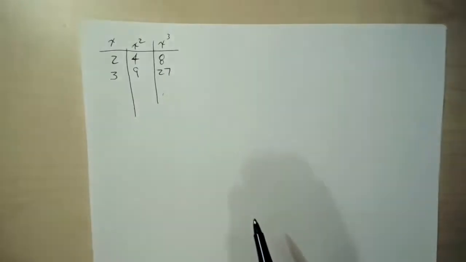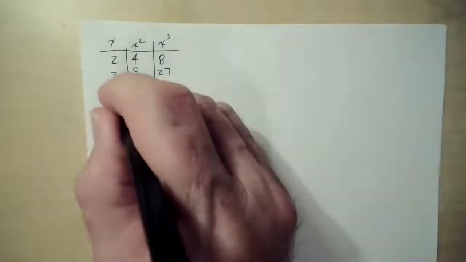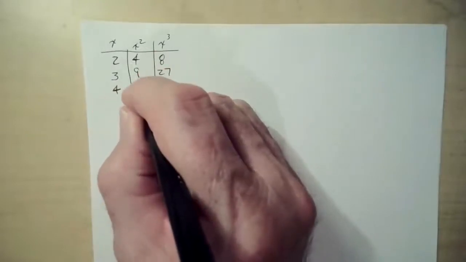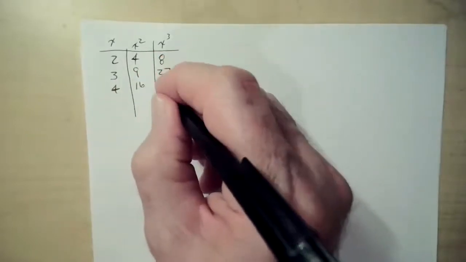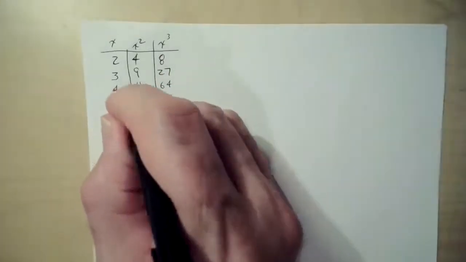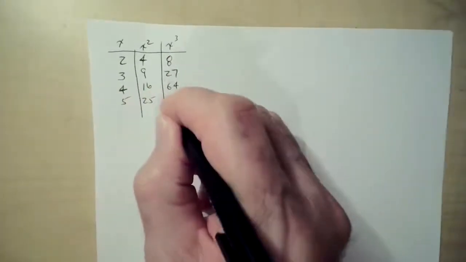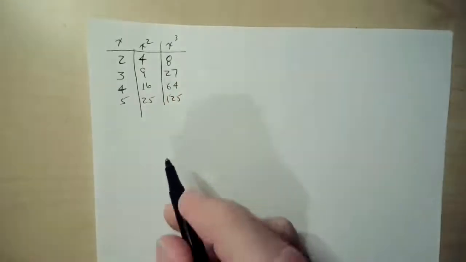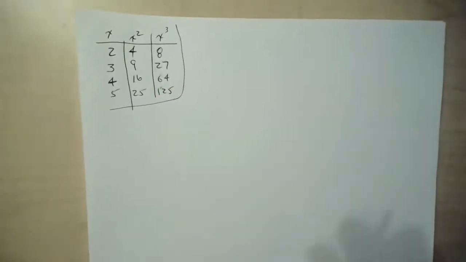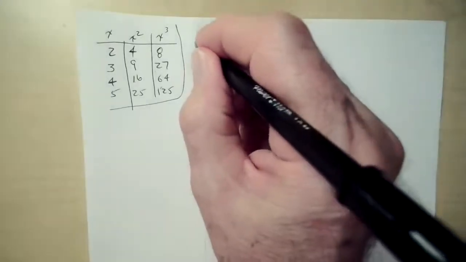But if you want to take the cube root of something, you can do that on your calculator. It has a function for that. And 4 squared is 16. 4 times 4 times 4 is 64. And 5 squared is 25 and 5 cubed is 125. Okay.